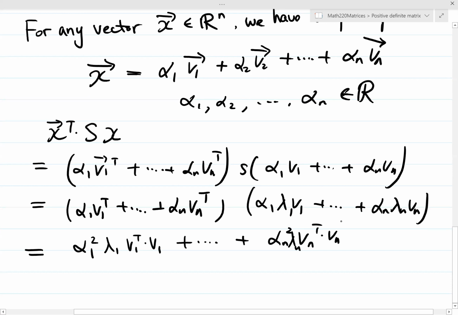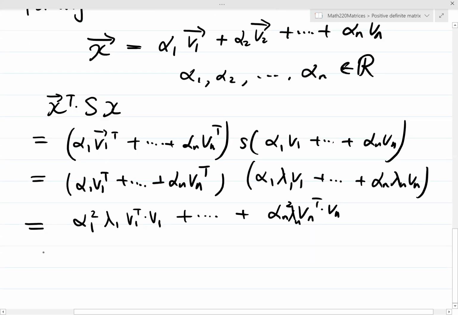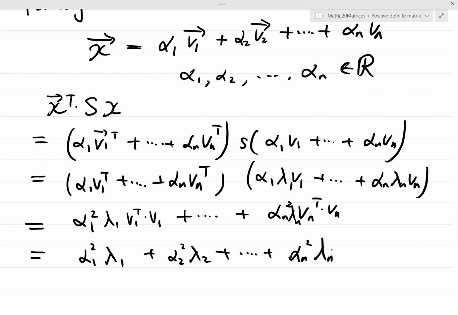If we choose these eigenvectors to be unit vectors, then what we get is alpha 1 squared lambda 1 plus alpha 2 squared lambda 2 plus ... plus alpha n squared lambda n. Now a square is positive and the eigenvalues are positive, so every term here is positive.